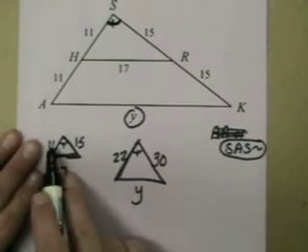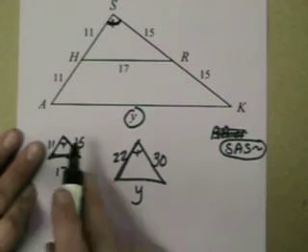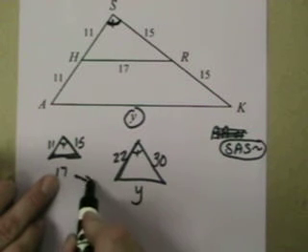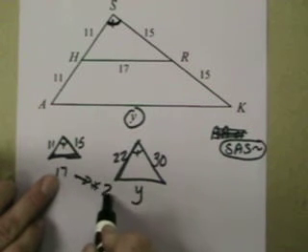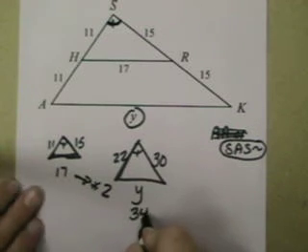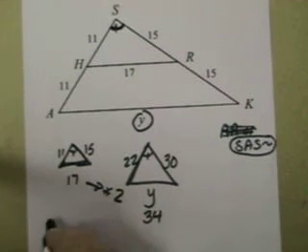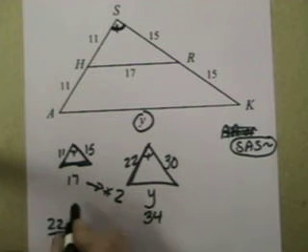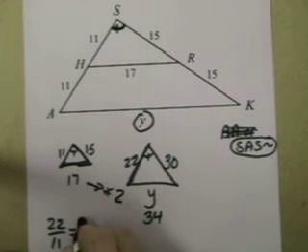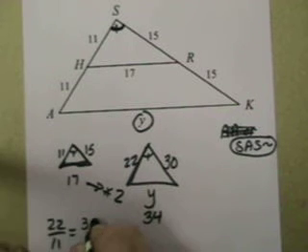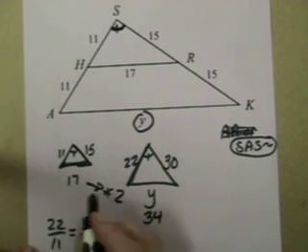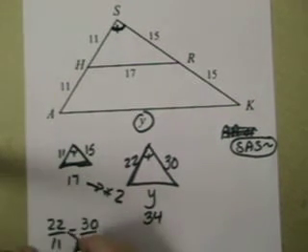I already know the scale factor is 2, so if this is 17, I should be able to multiply that by 2 and get 34. If I did it the long way, I'd have 22 over 11 equals 30 over 15, and I'd multiply those out.